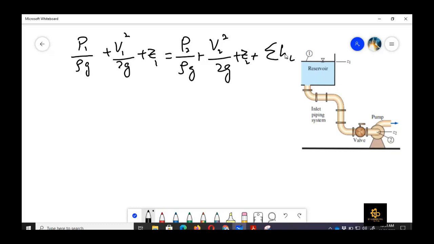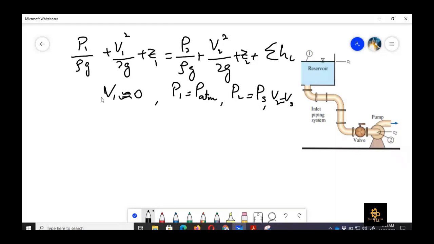Now in this equation, if we want to do simplification, we know that V1, if it is a large reservoir surface having a very large area, is approximately equal to 0. Then P1 is equal to P atmospheric because it is exposed to atmosphere. And what is P2 here? P2 is Ps, which is the pressure at the suction side of the pump. And V2 is Vs, which is the velocity at the suction side of the pump.